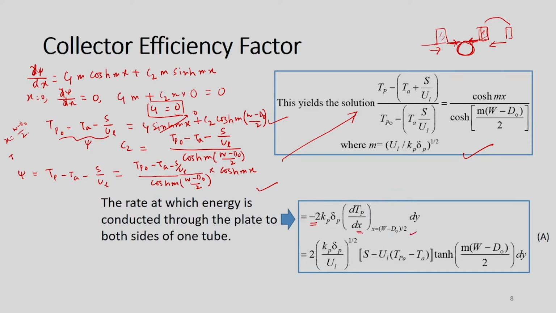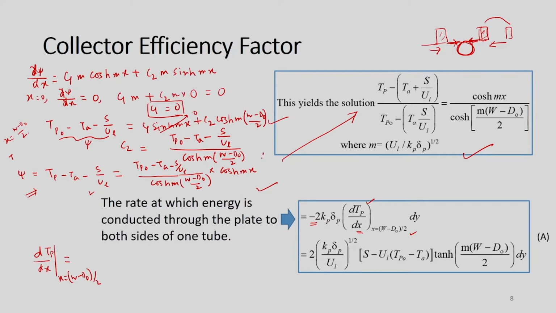So, if we need to differentiate this Tp, then again we have to use this expression, okay. So, what happens, this dTp/dx, we can do here. So, this dTp/dx at x is equal to W minus D naught divided by 2. So, what will be the expression for this? We can straightway use this expression and we can do it, okay.